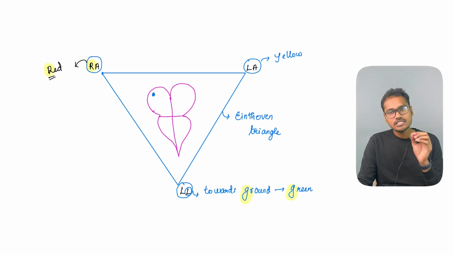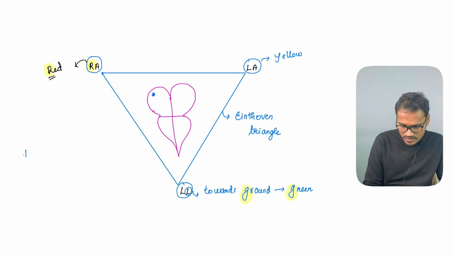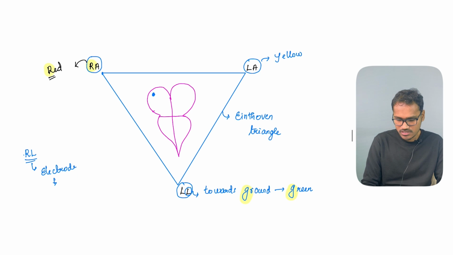And we will be attaching one more electrode which is not going to record anything. It is just going to do the grounding of the person. So only one leg is left. So there in the right leg, we can put an electrode which will act like a grounding agent.